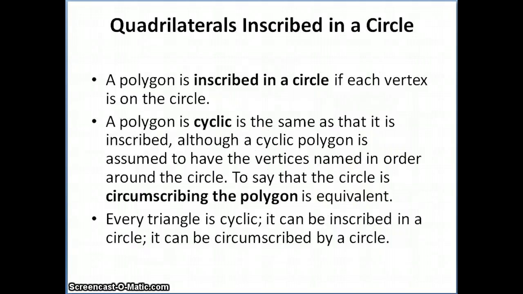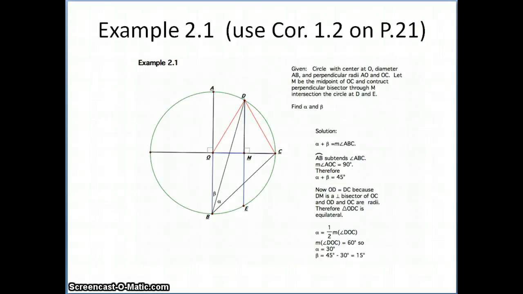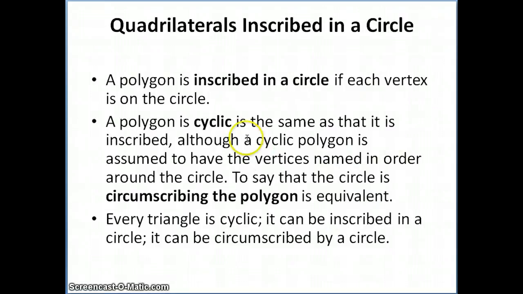Okay, next we talk about quadrilaterals inscribed in a circle. If we have a circle, we may have a polygon inscribed in the circle if each vertex is on the circle, and the polygon is cyclic is the same as saying it is inscribed.